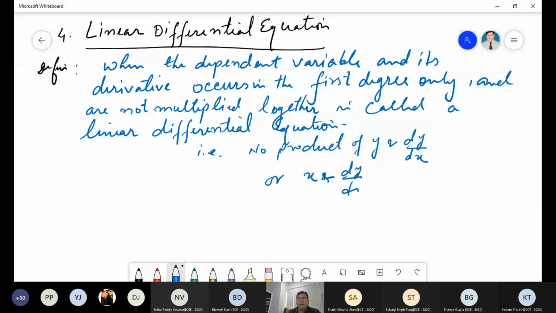Is it possible that we can multiply x and dy by dx? I'm writing x into dx by dy. Which is true for the definition of linear differential equation? This is true or this is true? Number 1 and number 2.